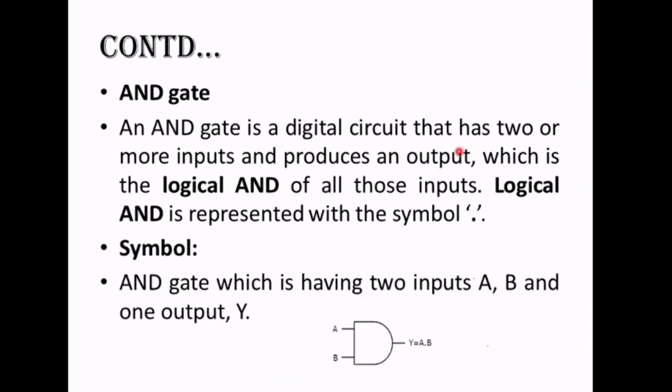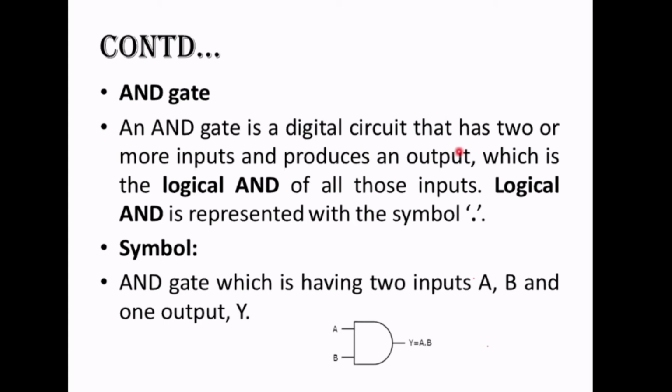Now, after this, we are going to study the next basic gate, which is your logical AND gate. Similar to your logical OR gate, the logical AND gate also has 2 inputs, minimum of 2 inputs.